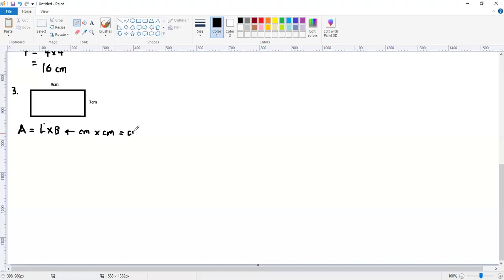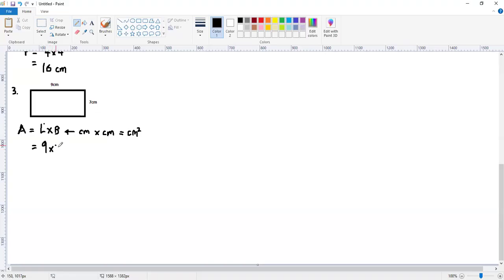Yes. So whenever you multiply something by itself, would that not become that thing squared? Yeah. Thank you. That's it. So that's the whole idea. That is the reason why area is always having squared in its unit. So let's now solve it for this question. That's going to be 9 times 7.